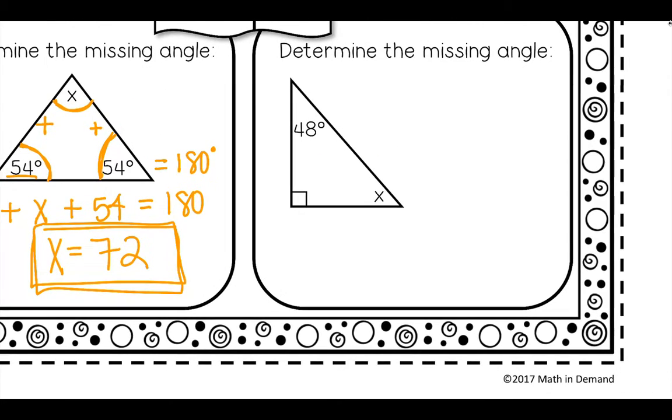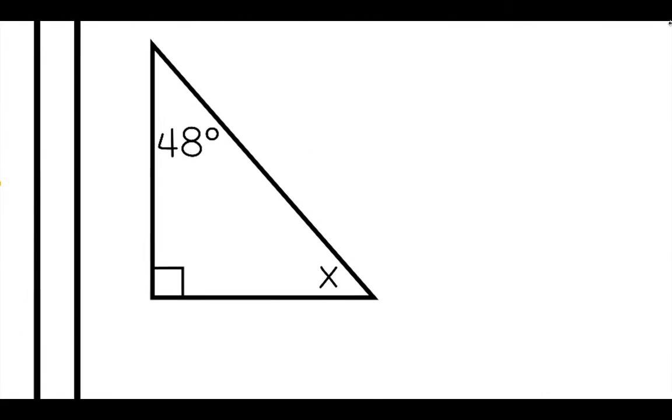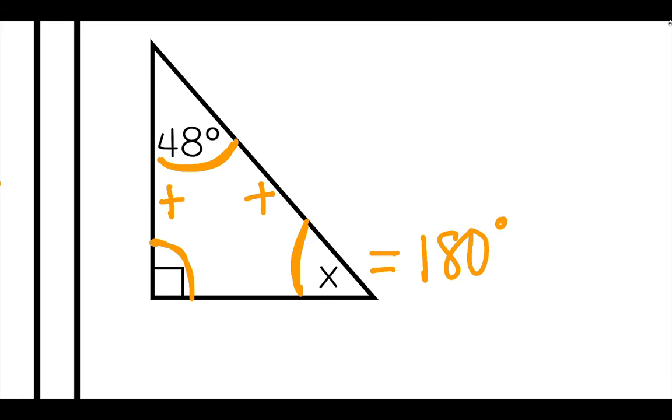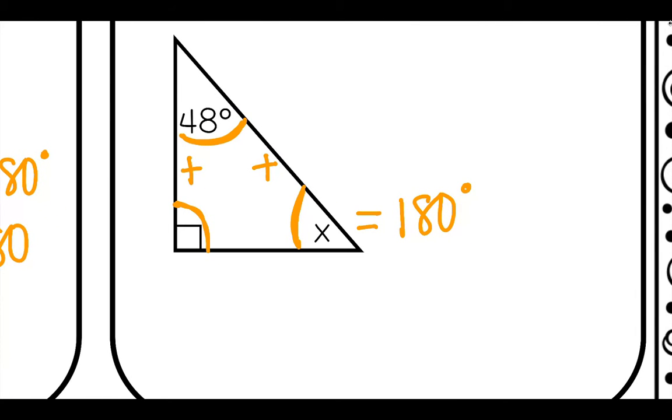Let's try the next one. So this one, again, we've got angle 1 plus angle 2 plus angle 3 all equal 180 degrees. So I'm going to write it out. Now, angle 1 here has no numbers. I thought I had to have 2 numbers to find this, and you do, but it gives you this. What does this mean?